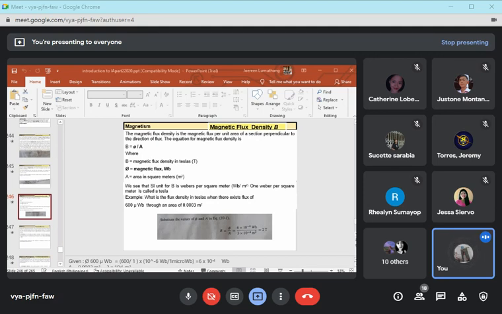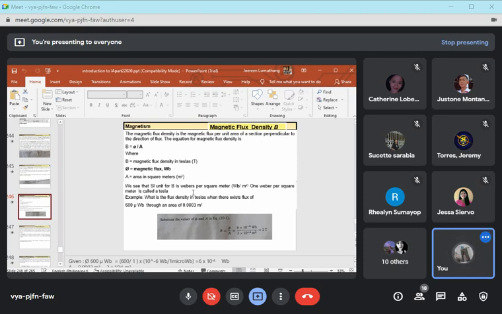So the magnetic flux passing through the unit area is the magnetic flux density. So B, the magnetic flux density, is in Tesla, and it is the flux over the area in square meters, which is the letter A.